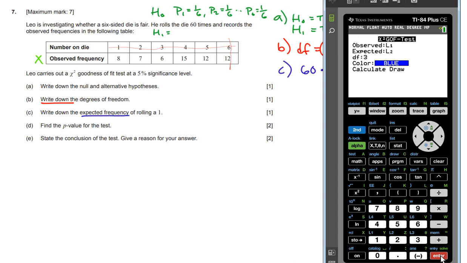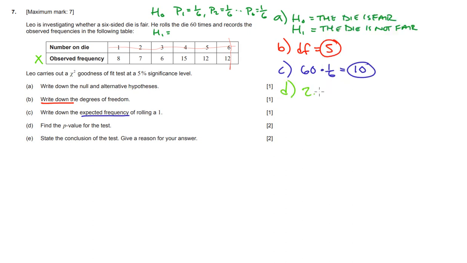So we simply can just push enter all the way down. Oh, wait, the degrees of freedom is not 3. Degrees of freedom is 5. I'm not sure why; it must have just defaulted to that. And then we want to push calculate. Okay, and so then we get our p-value of 2.87.